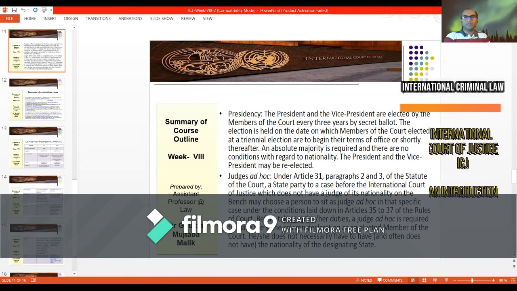So the strength became 16. 15 are the elected members of the ICJ, and one is the ad hoc judge. Now 16 judges are hearing that case, which is still pending before the International Court of Justice.